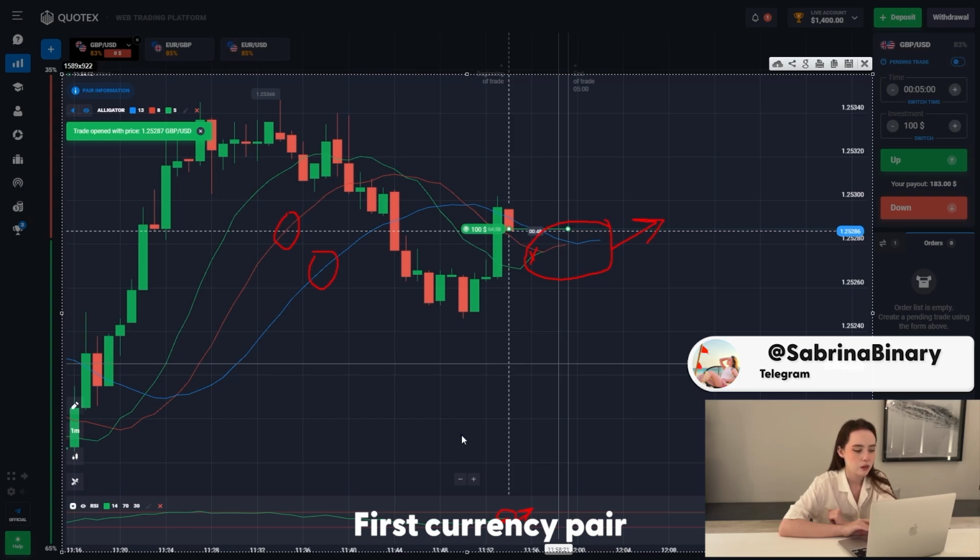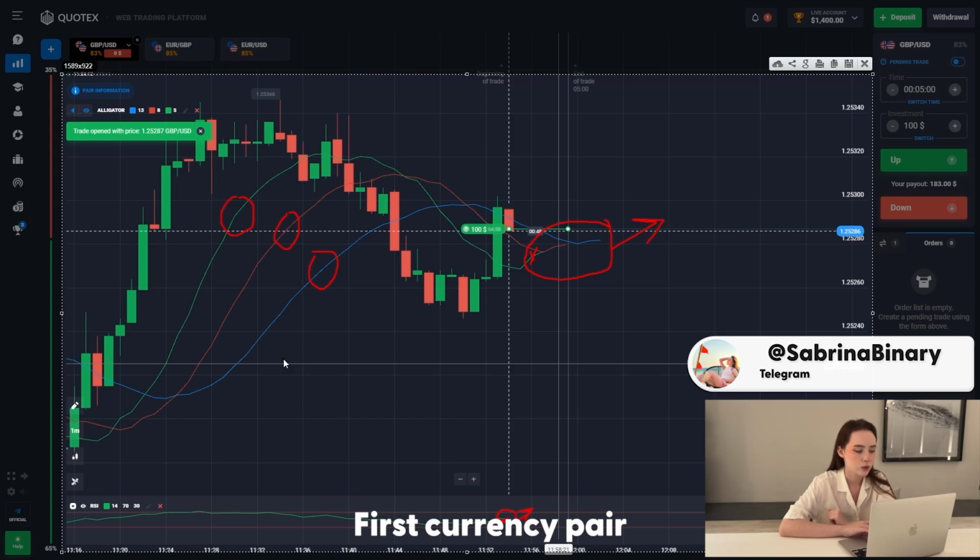Its blue line is the alligator's jaw, the balance line of the time period that was used to plot the graph. 13 period smoothed moving averages, moving 8 bars into the future.